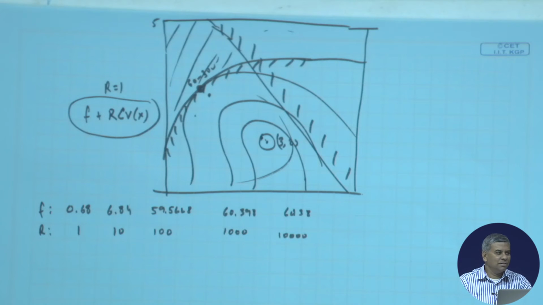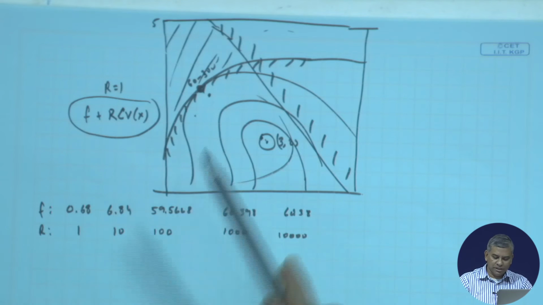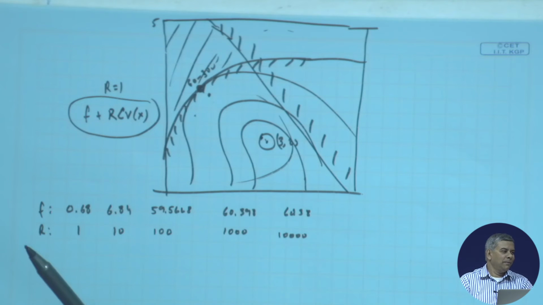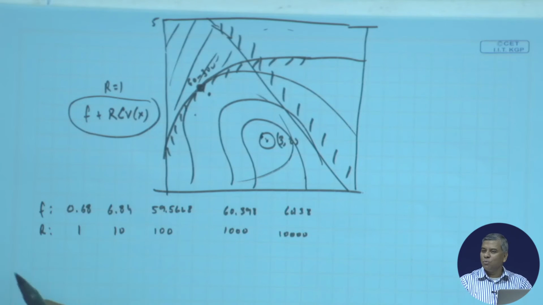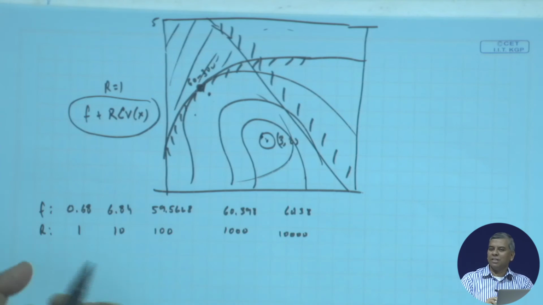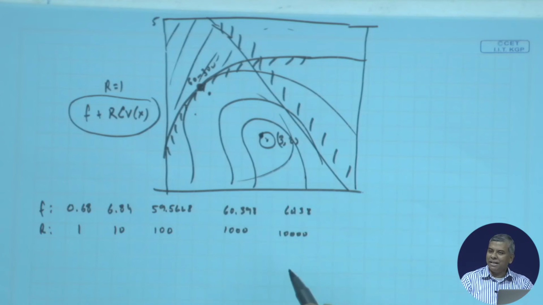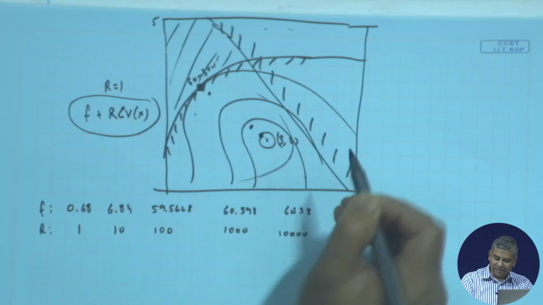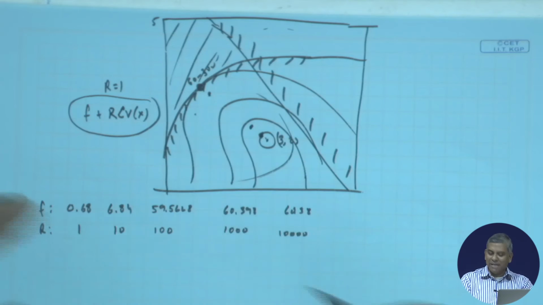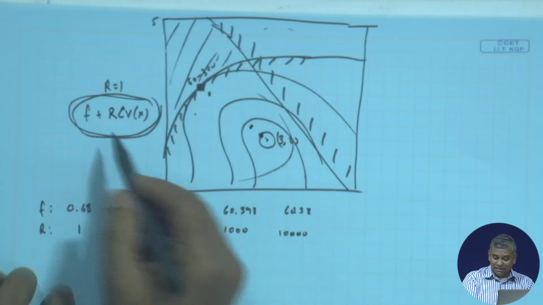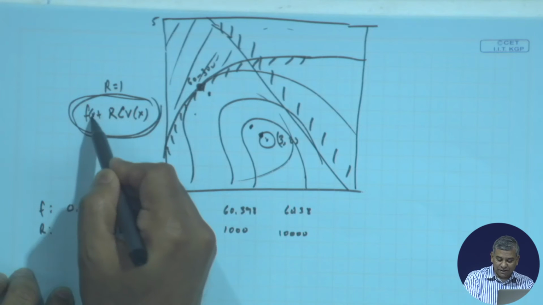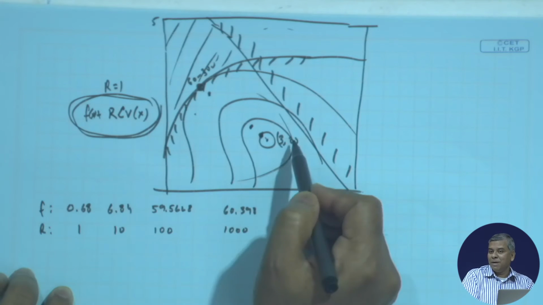Yeah, so why doesn't it go there? When I take r equal to 1, if I show you the function value, the minima is right here. When I say r equal to 10, it moved a little bit here. So it's the minima of this function we are finding now, not the constraint problem minima. I'm finding the minima of this composite function, f(x) plus this. Wherever the minima is, it will find it.